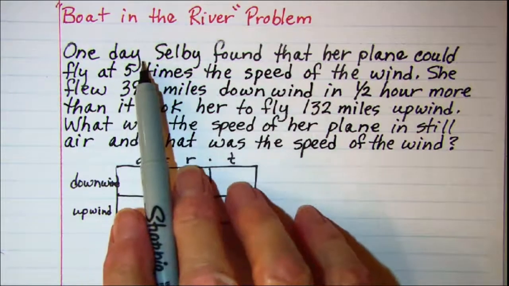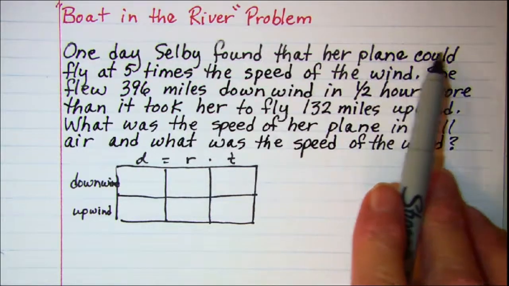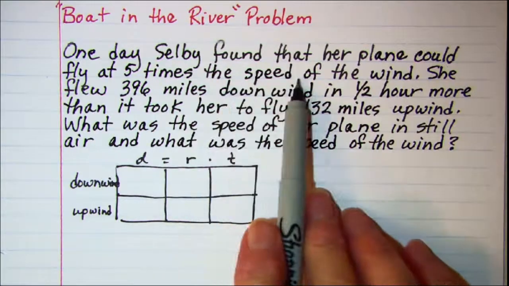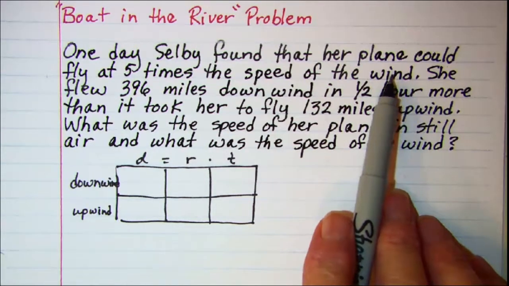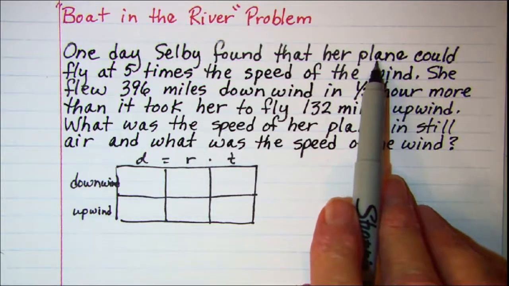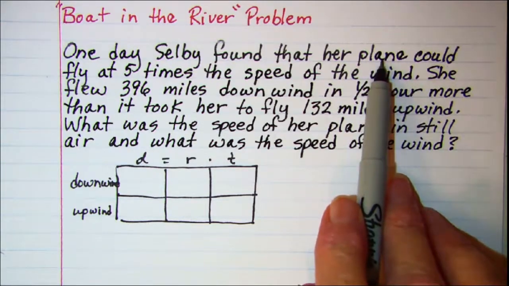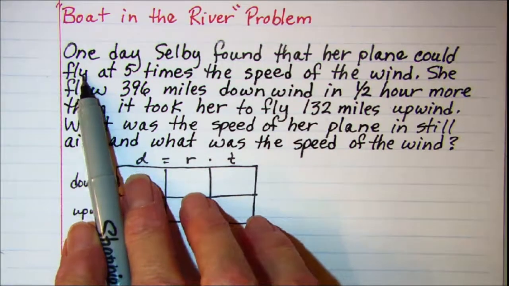Our first sentence says that she found that her plane could fly at 5 times the speed of the wind. So that gives me an equation that I can work with. I'm going to translate it directly from this sentence. Plane, and then could fly is our verb, so that's where the equals goes.